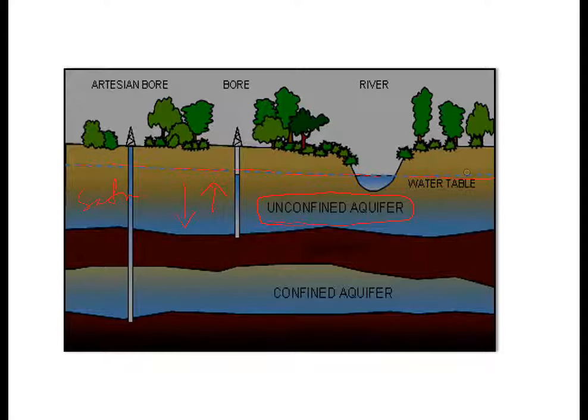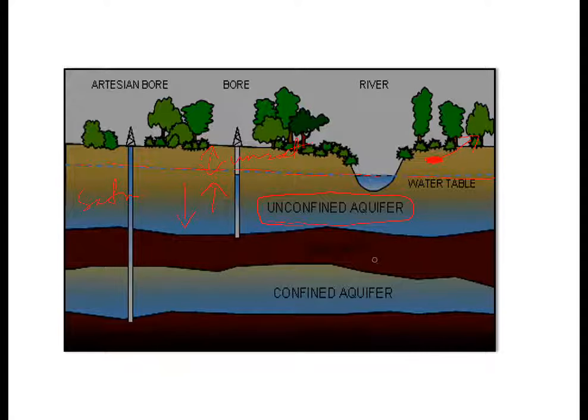Above this saturated zone is the unsaturated zone. And suppose in the unsaturated zone there is a small saturated zone, say a clay which has the capacity to hold more water, then we call it a perched water table.